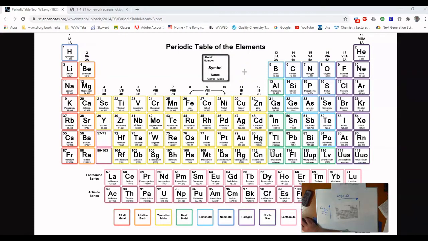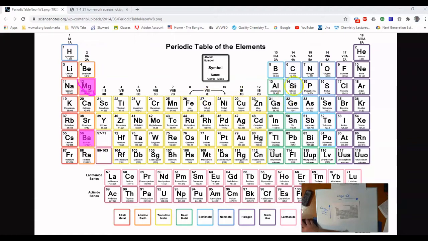So the elements in question here are magnesium, so I'll highlight magnesium first, and then barium. Barium's down here. Right, barium's further down, so it's easier to remove electrons from barium, right?